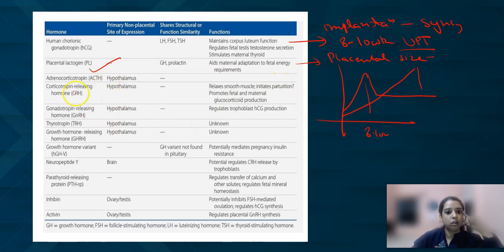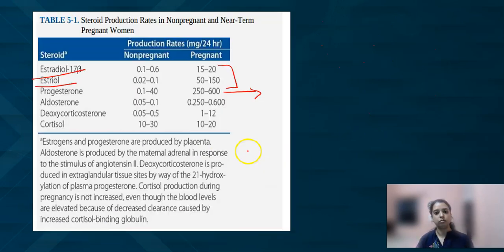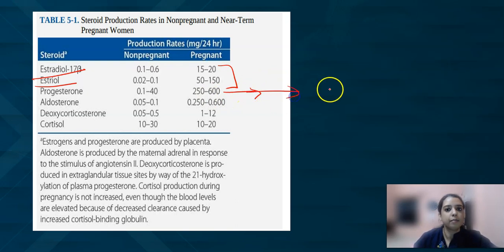Then all these protein hormones, corticotropin releasing hormone, GnRH, thyrotropin and growth hormone, are released in minor amounts by the placenta. The important thing I want you to know about these hormones is that progesterone is being secreted in high amount by the placenta, but the precursor for the progesterone secretion comes from the mother.